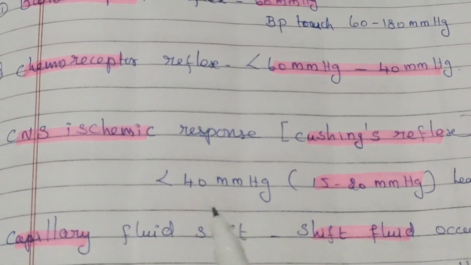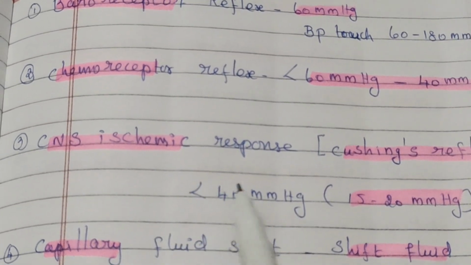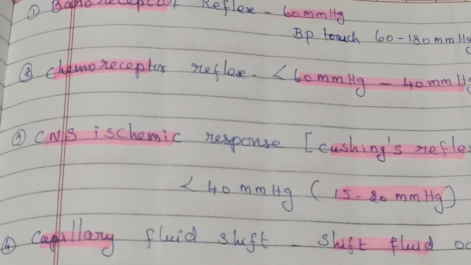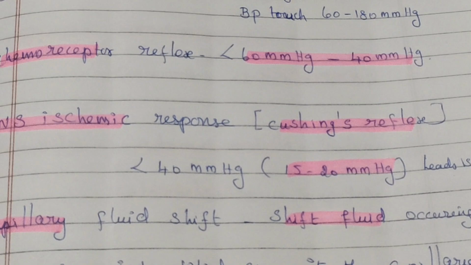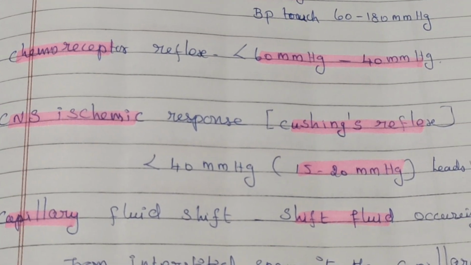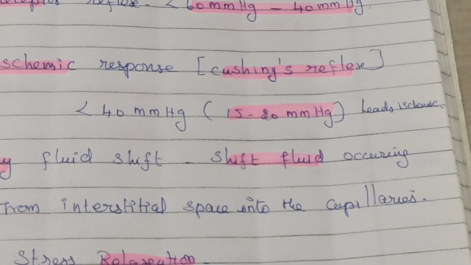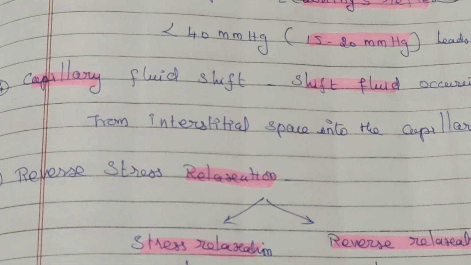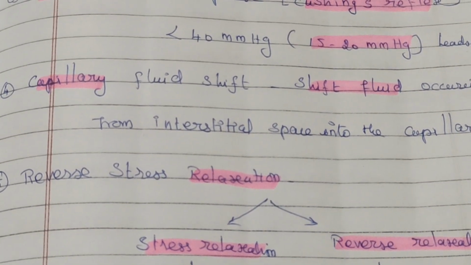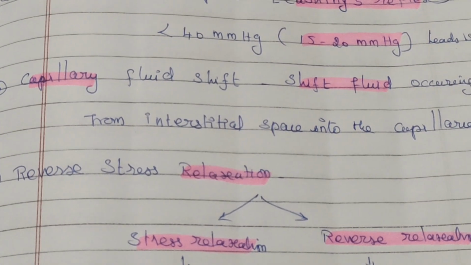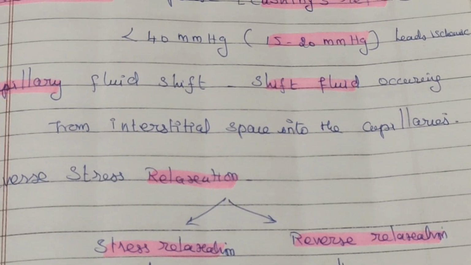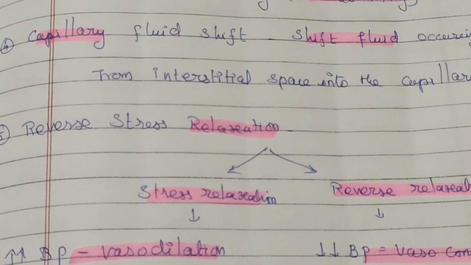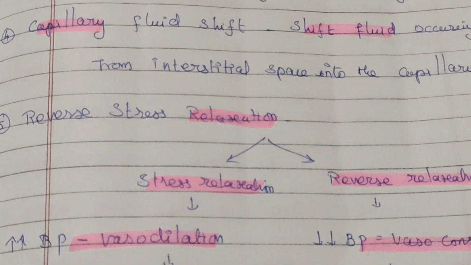It is known as the CNS ischemic response. This is the last-ditch reflex. It leads to ischemia of the organs and organ failure. Next is capillary fluid shift: fluid shifts from the interstitial space into the capillaries.